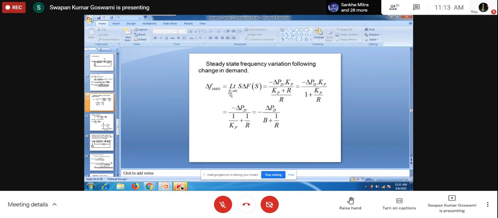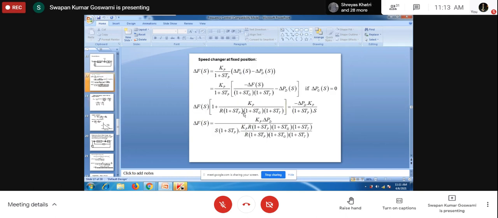So limit s tending towards 0, s times del fs, you find the value. If you do it, you will be multiplying this by s, this s and this s will be cancelled out, and put all other s to 0. This will be 0, this will be 0, and so on.